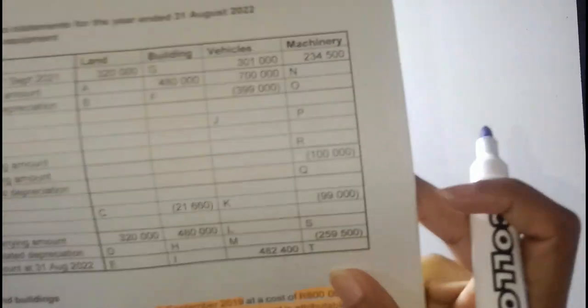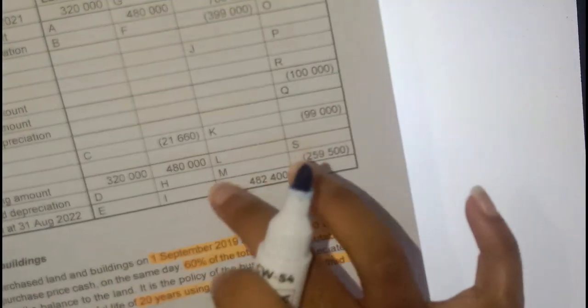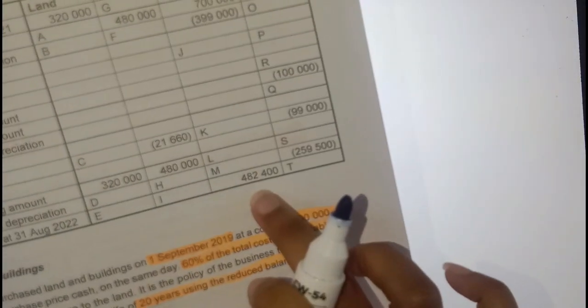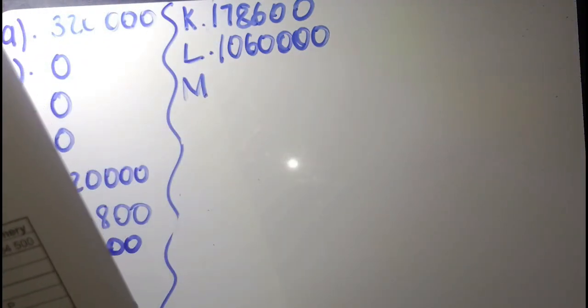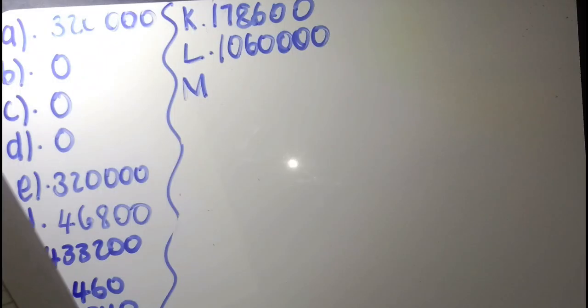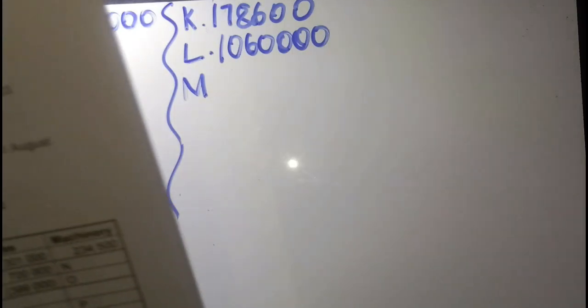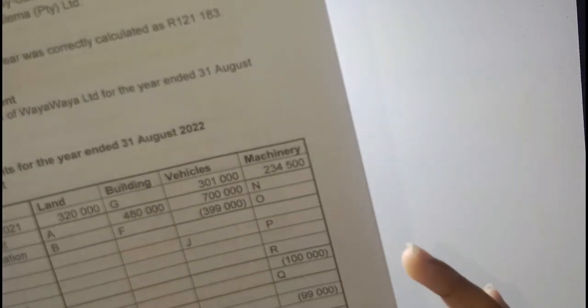For your M, you're gonna take this cost, you subtract the carrying value amount, and you're supposed to get the accumulated depreciation.